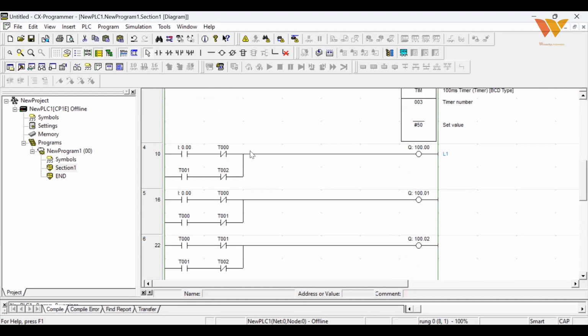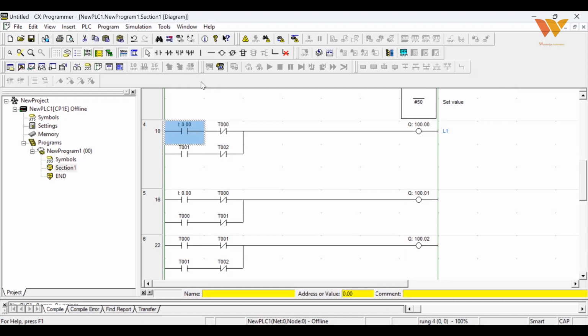Here, after T0 or after 0.00? After 0.00, after the input. Okay, the input I have to place.